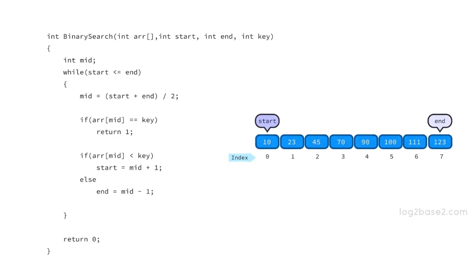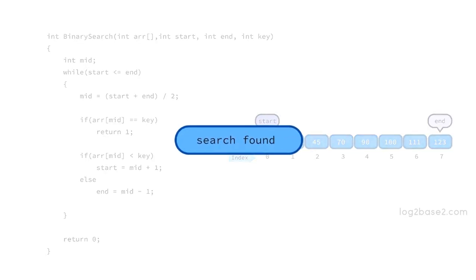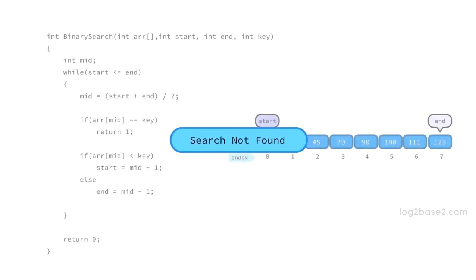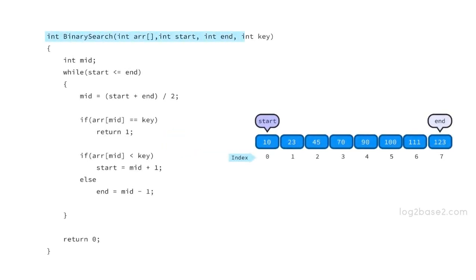So we have the function binary search here, which will take the array, its start, end and the key to be searched in it. It will return 1 if the key is found, and it will return 0 if it is not found. So we pass this array, its start index 0 and end index 7 and key 45 into the function and declare a variable mid.